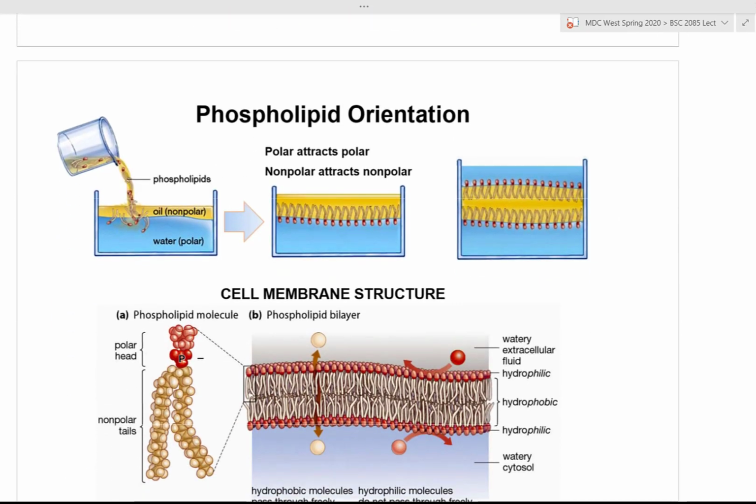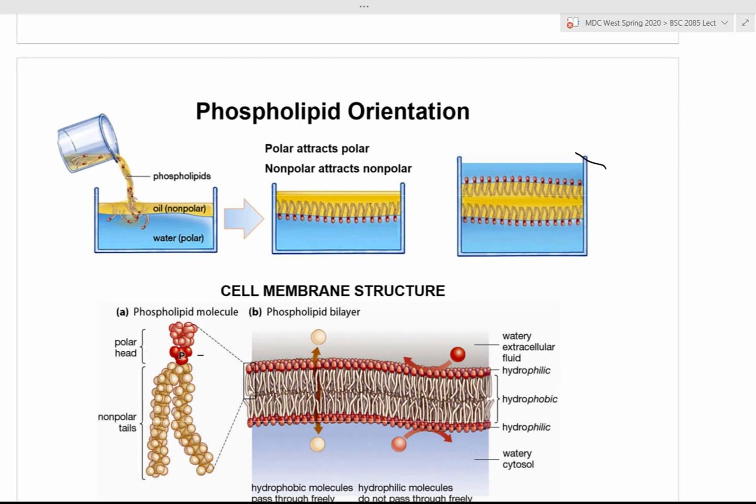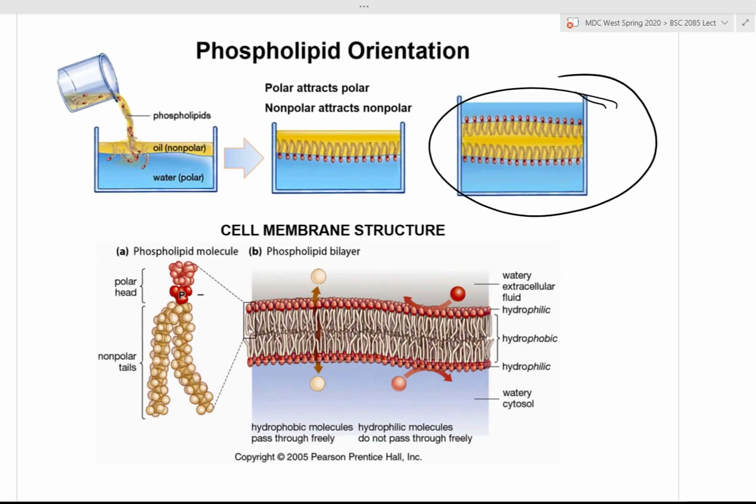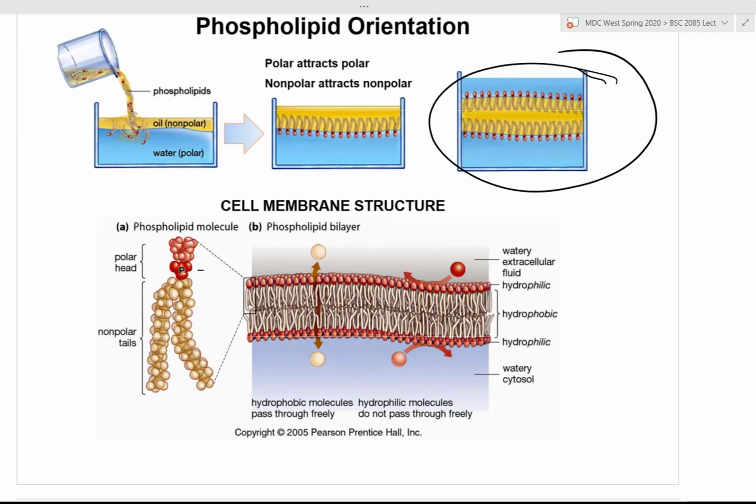Now, the phospholipid, of course, you can see the actual orientation here, the one that I drew. But of course, that one is prettier. Now, that means what things are allowed to go through that cell membrane? Anything that is hydrophobic can go through, correct? Anything that is hydrophilic will just bounce back.